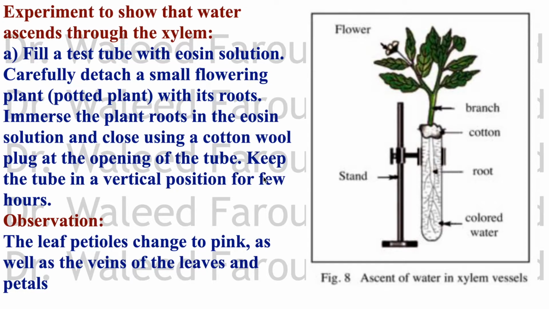Observation: the leaf petioles will change to pink, as you can see here, which means that the roots took up the eosine in the solution, and through the xylem vessels, the xylem network, it reached the leaves. So this is the observation.